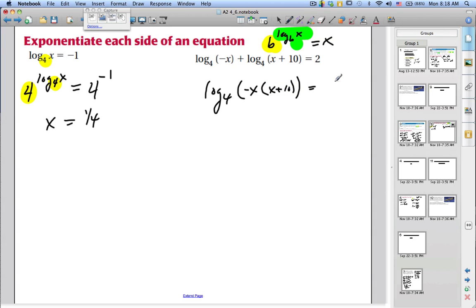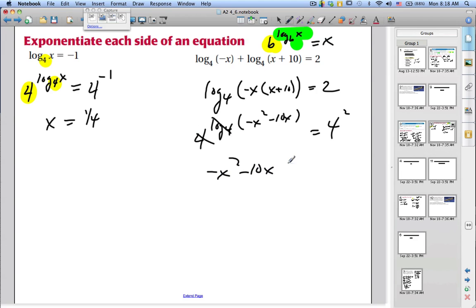And if I now exponentiate either side, so I'll have 4 to the log base 4 of, this might as well be negative x squared minus 10x. That's sort of where we're headed here. That'll be 4 squared. Okay, and this cancels out that, so I'll get the opposite of x squared minus 10x is equal to 16.